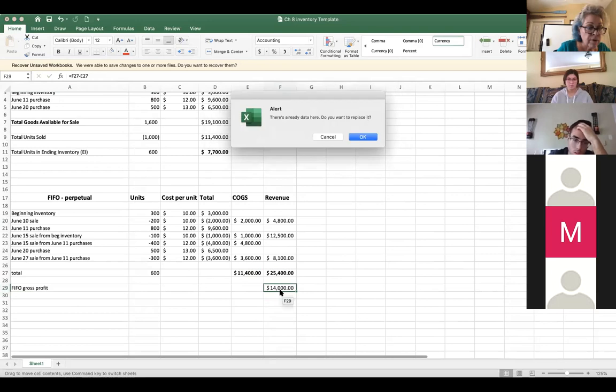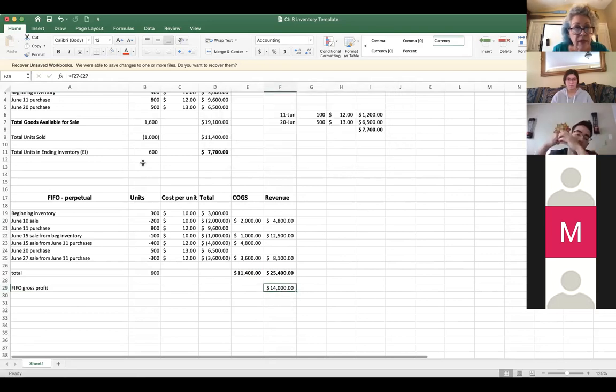And so my gross profit under FIFO is $14,000. So gross profit under FIFO is $14,000. Okay. So now let's do LIFO.